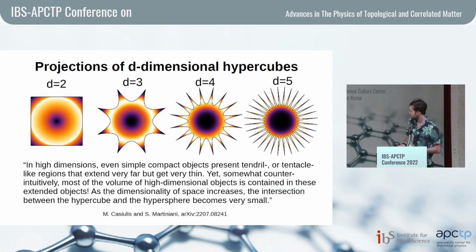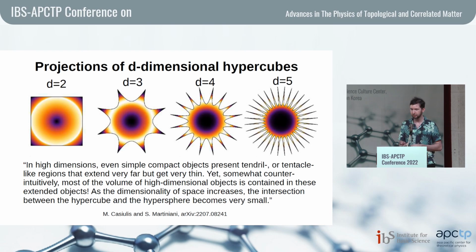I like this illustration from a preprint from a few months ago, which was not about machine learning, but I think it's still quite striking. So here in this figure, this is plotting 2-dimensional projections of d-dimensional hypercubes. And the color coding is illustrating what fraction of the volume of the hypercube is contained within a sphere.